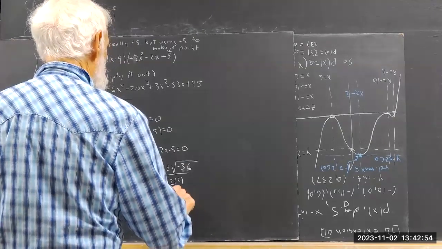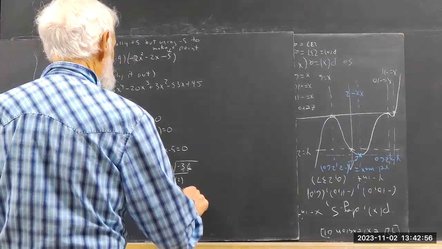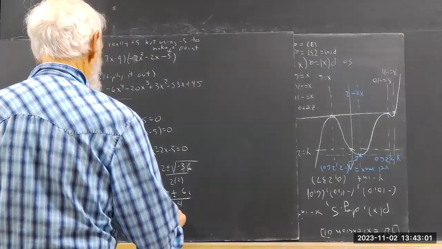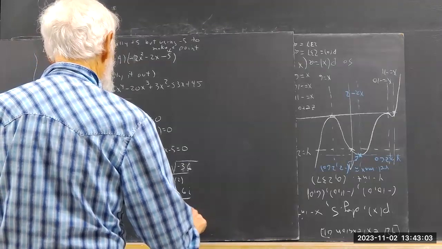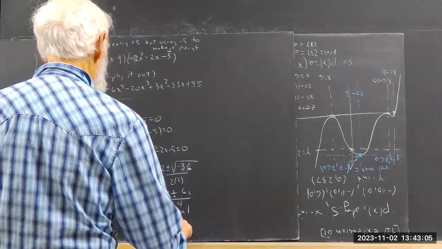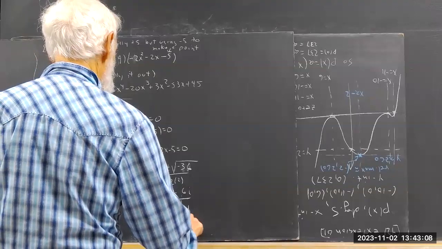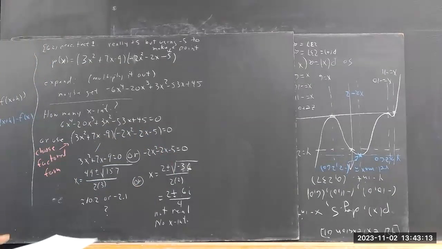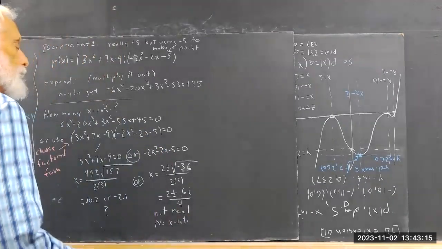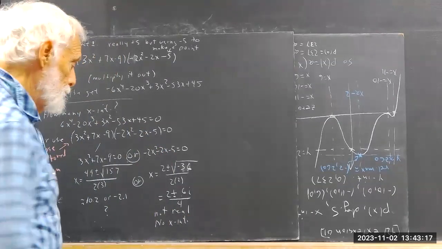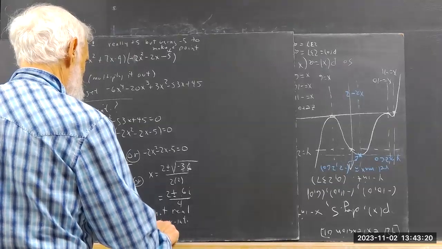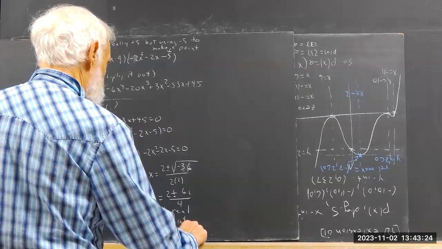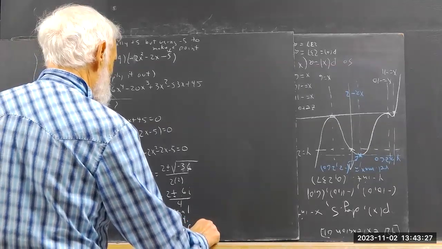Well, that equals 2 plus or minus the square root of negative 36, over 4, if I did that right. It's not real. It means there's no x-intercept from this factor.